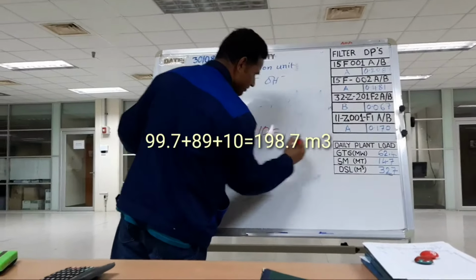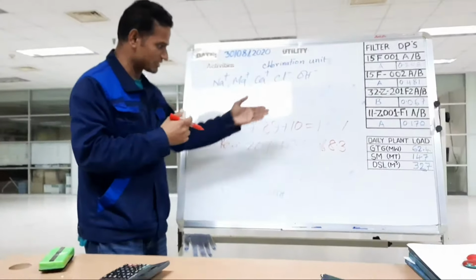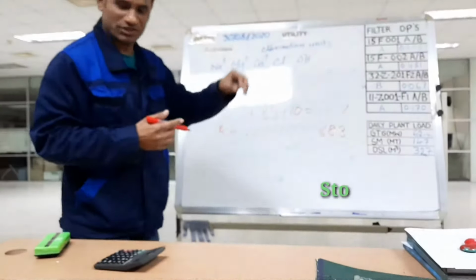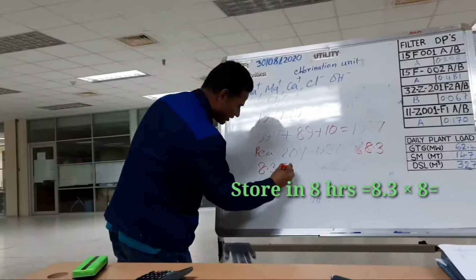The shock dosing pump normally starts after 8 hours. So if production continues for 8 hours, how much accumulates? 8.3 into 8, 66.4 meter cube. So within 8 hours, 66.4 meter cube of product accumulates in the hypodosing storage tank.